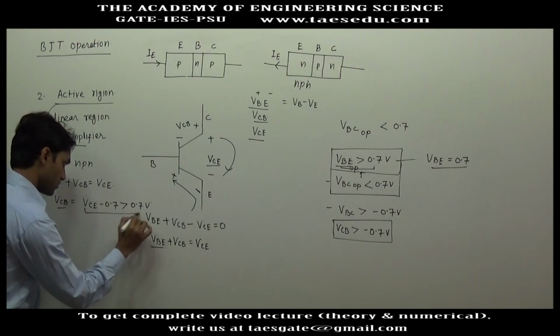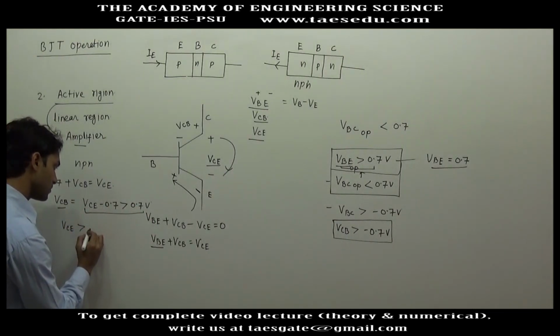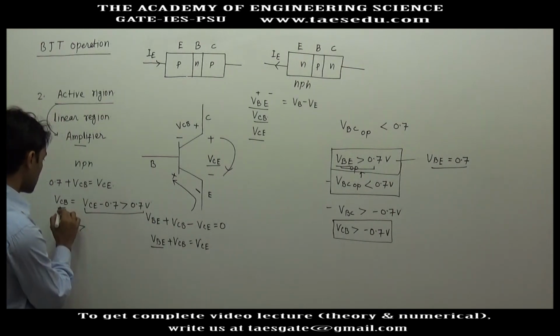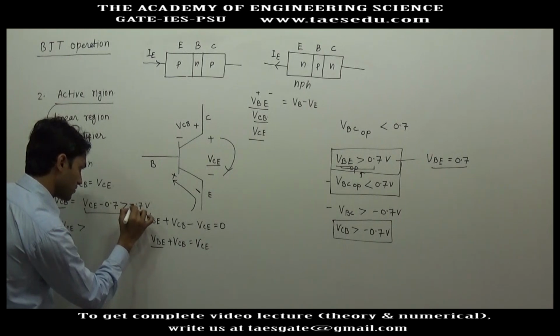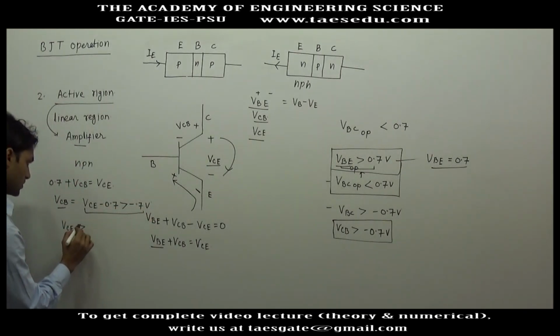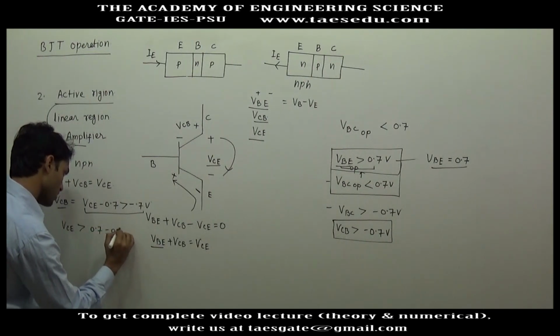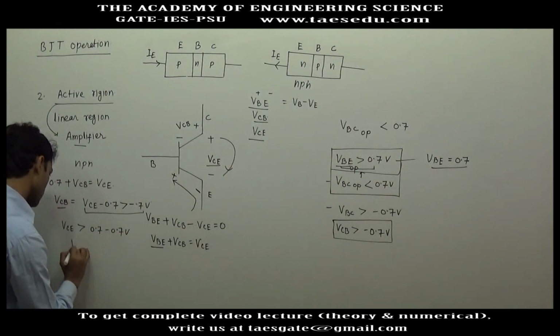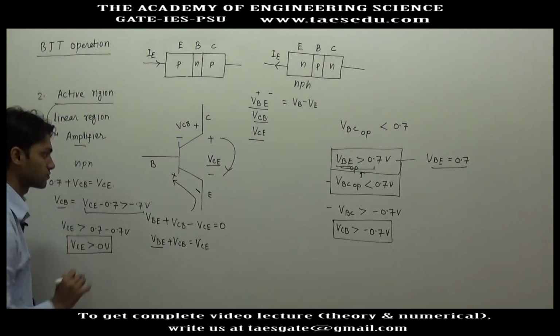Then VCE minus 0.7 must be greater than minus 0.7 volt, so VCE must be greater than 0.7 minus 0.7 volt, which is nothing but VCE greater than 0 volt.